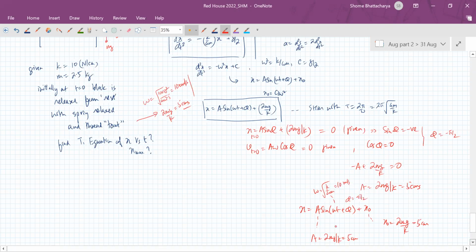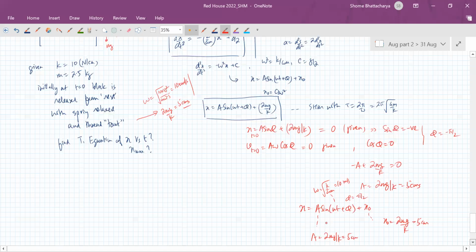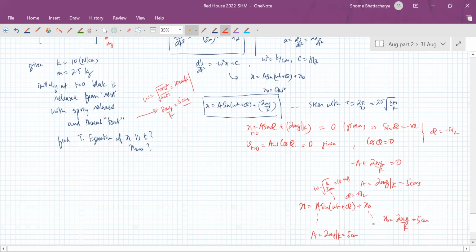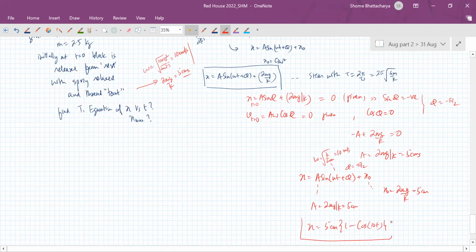So ultimately you will see that x becomes 5 centimeters into (1 minus cos 10t). So you can see that the maximum extension is 10 centimeters and the minimum is 0.